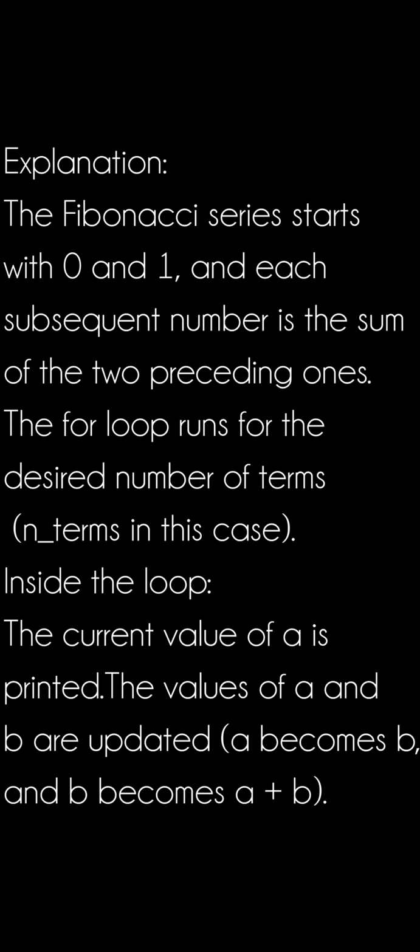The for loop runs for the desired number of terms, n terms in this case. Inside the loop, the current value of a is printed. The values of a and b are updated. A becomes b and b becomes a plus b.